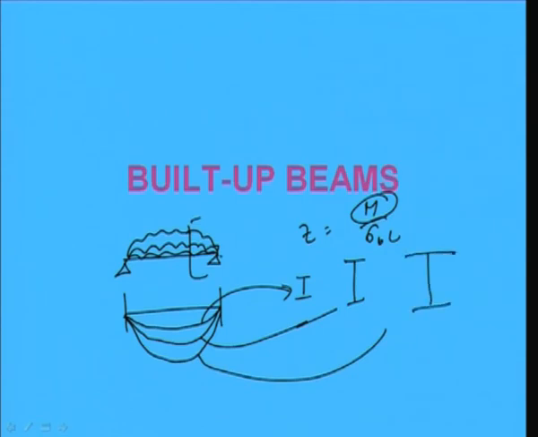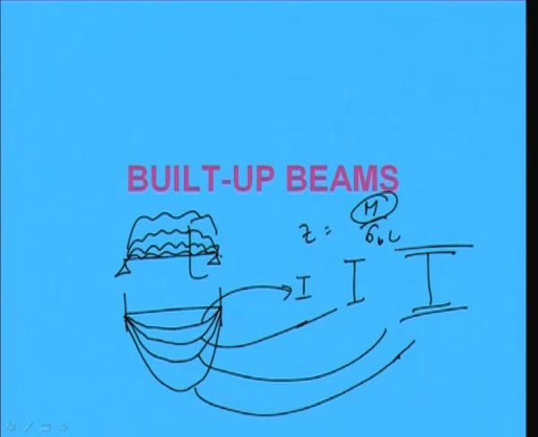But how long will it go? We may not have availability of that higher section. So, if still more load is there, because of the high magnitude of moment, we have to go with some built up section.